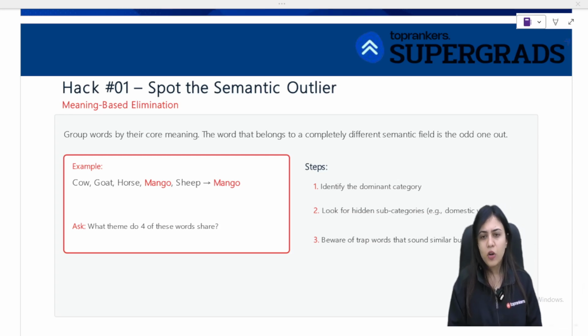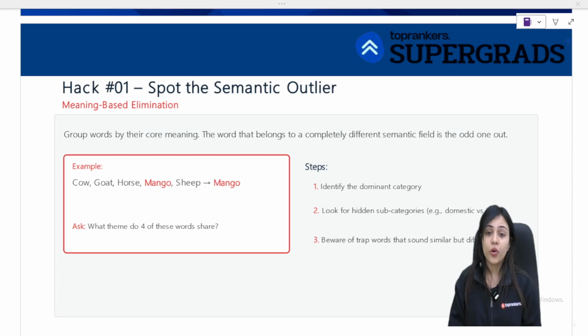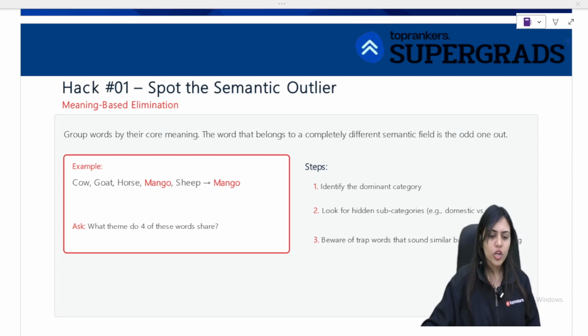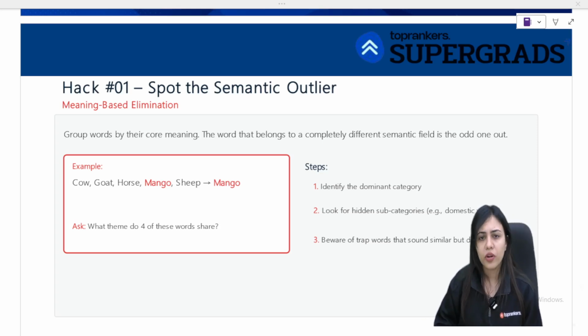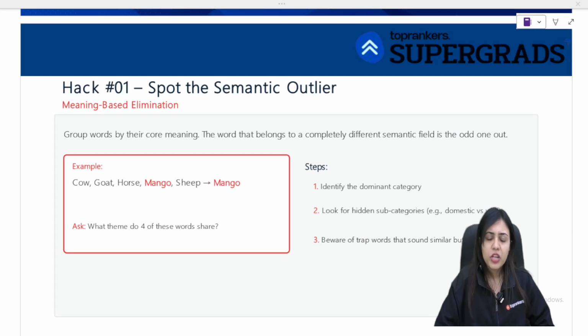The word that belongs to a completely different semantic field is obviously the odd one out. In this case, cow, goat, horse, sheep, mango. You already know that mango does not really make the cut because all four are animals. So you need to identify what theme these four are actually following.